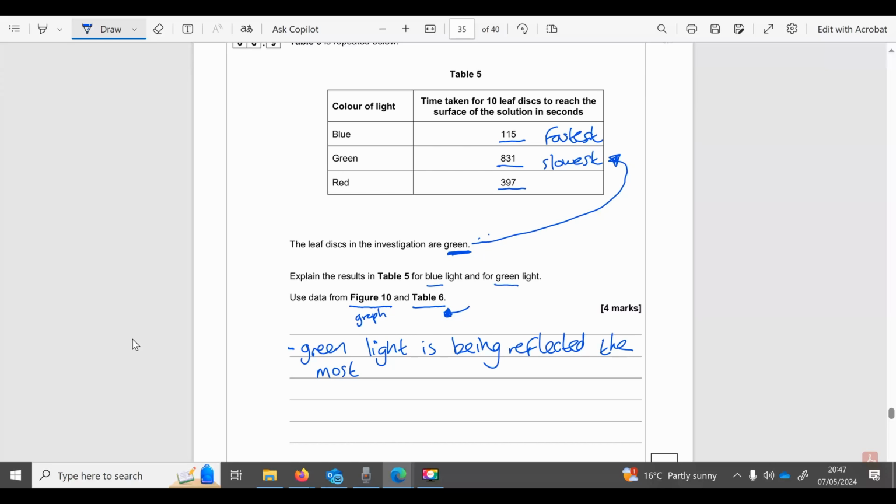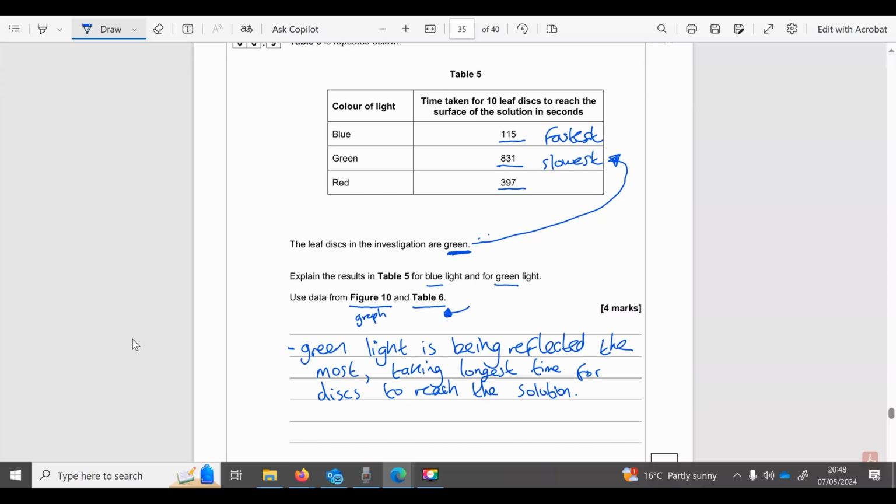What other way do we know that? If you look at table 5, it's taking the longest time for the disc to reach the surface of the solution. If it's taking the longest time, what does that tell us? Let's go back to that previous question that we answered, 6.7.